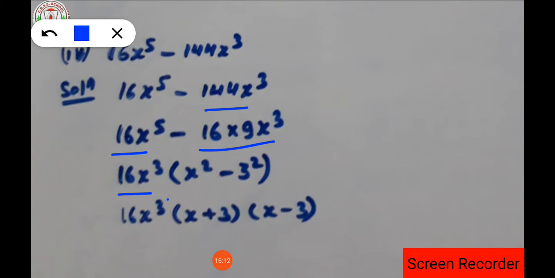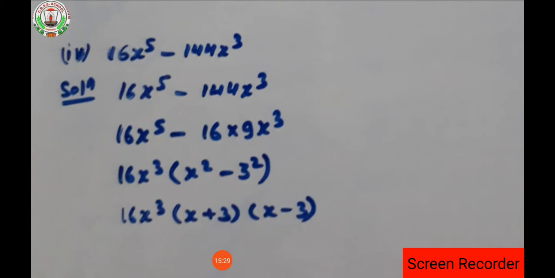Clear? Now it is in the form of the identity. We can write a square minus b square as (a + b)(a - b). So the answer is 16x cube into (x + 3)(x - 3).